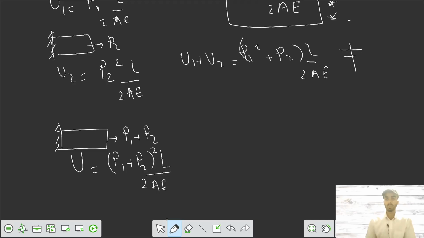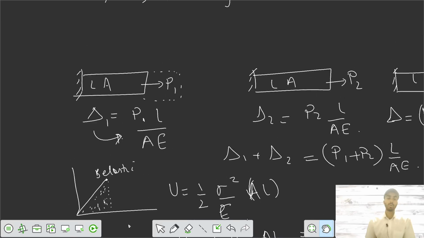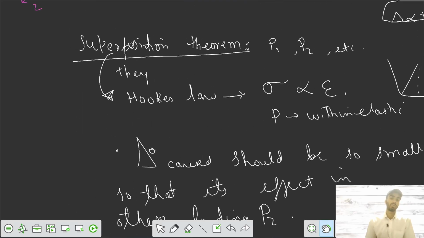But that's not equal to U, because of the square. The square gives you P1 square plus P2 square plus 2 P1 P2. This extra part is missing, so superposition is not valid here for strain energy.